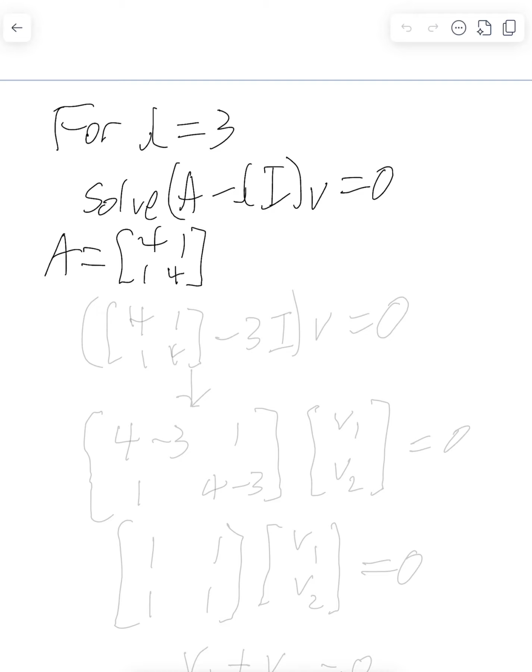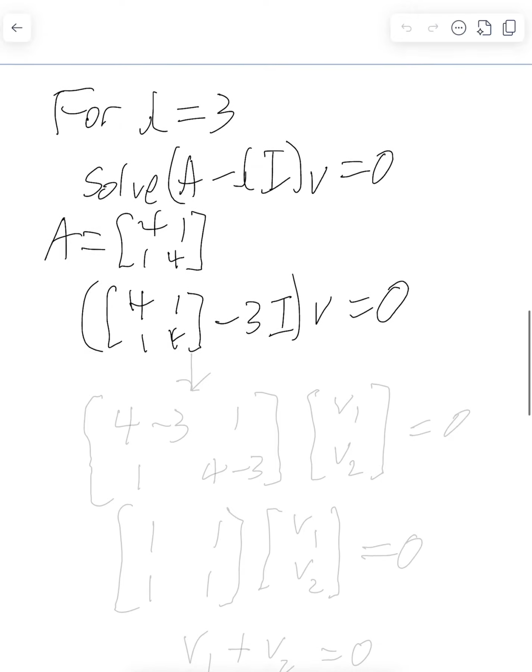So it would be (4, 1, 1, 4 minus 3I) times v equals 0.